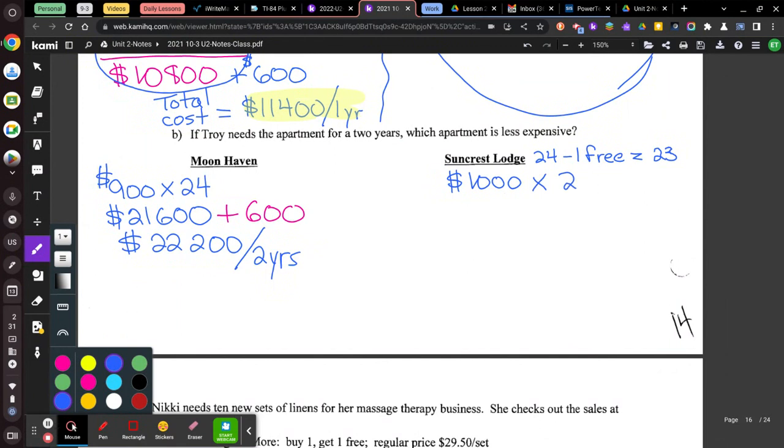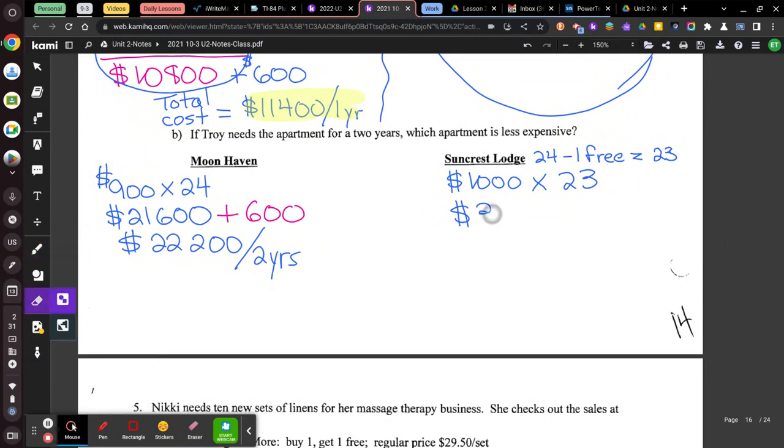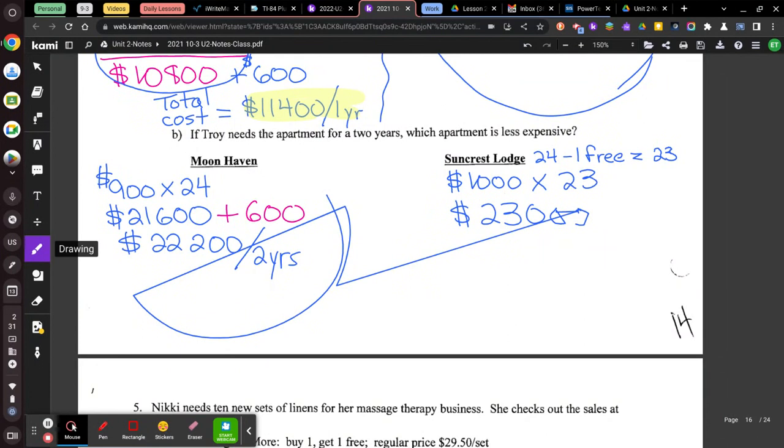And all that's going to do is give us $23,000. So Suncrest was cheaper if we stayed there for a year only. But if we stay there for longer than a year, it's going to cost us more money. So 23,000 is more expensive than 22,200. So this time, Moonhaven is cheaper.